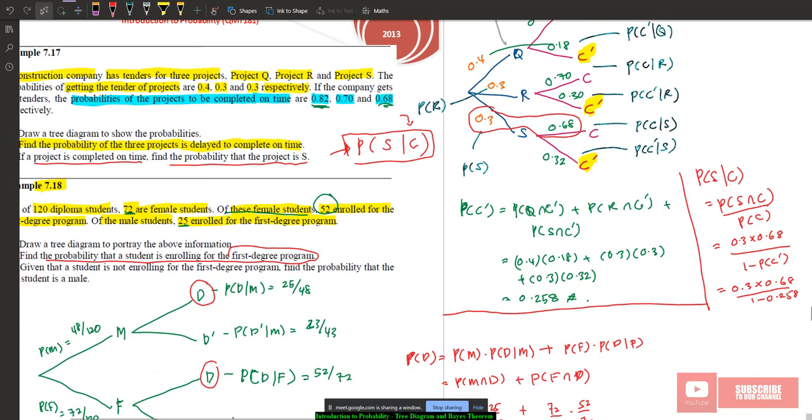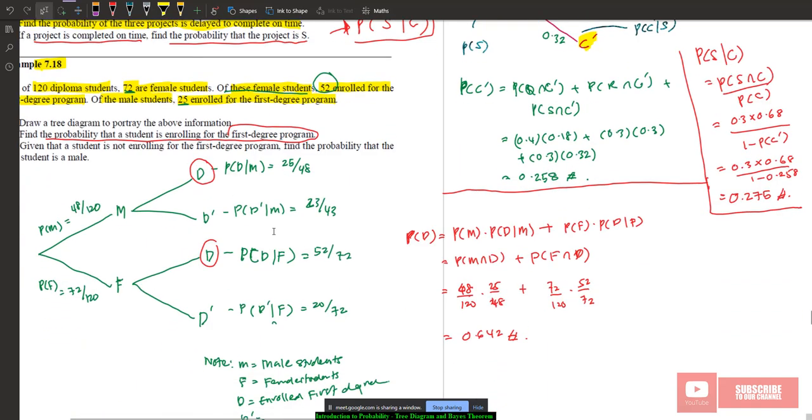So this should be equal to 0.275. This is the value of probability of S given C. We just reuse the knowledge on conditional probability.